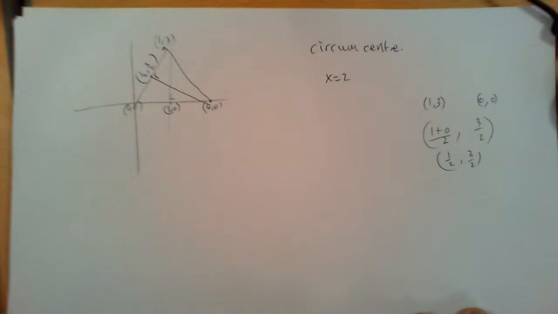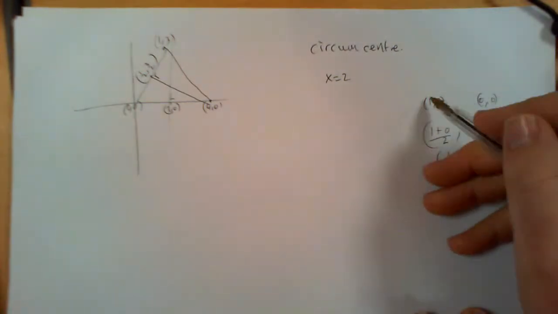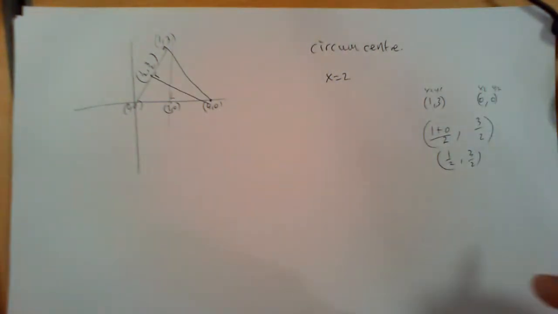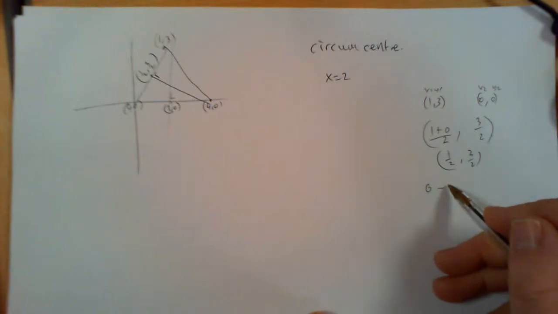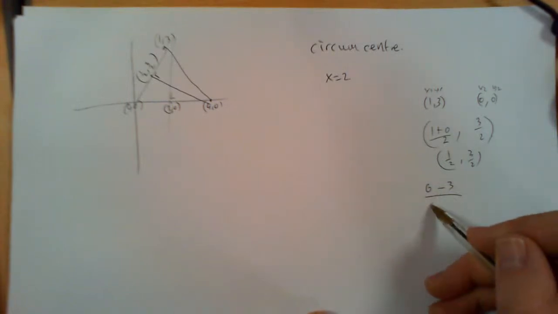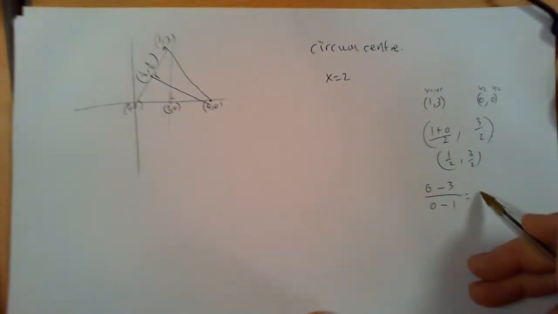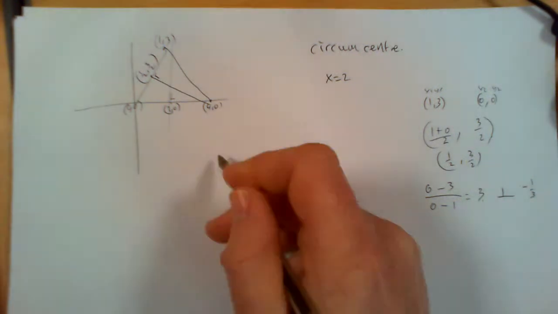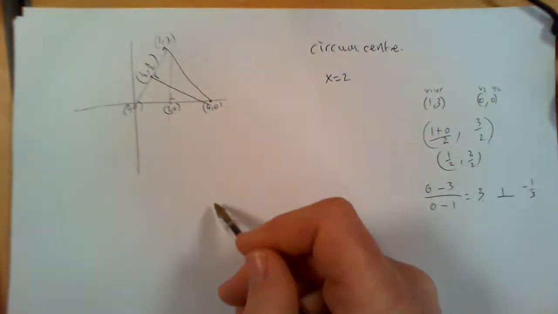Using x1, y1, x2, y2, the slope is y2 minus y1 over x2 minus x1. So the slope is going to be 3, which means the perpendicular slope is going to be minus a third. This equation is going to be a bit tougher.